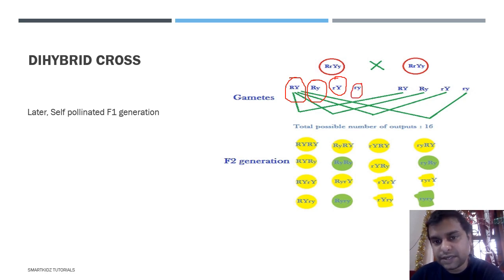This is the possible segregation of the gametes from this particular organism. And the same goes with this parent as well.